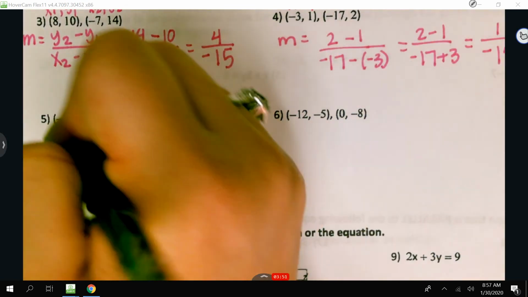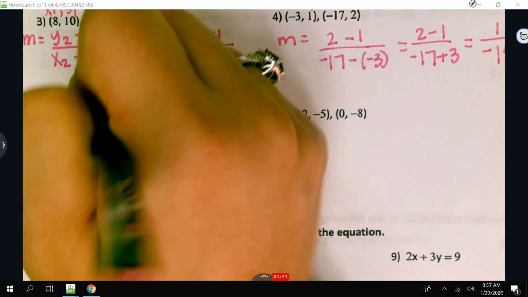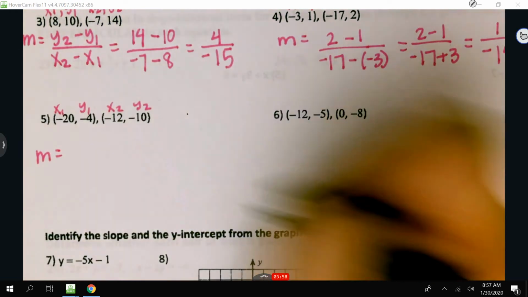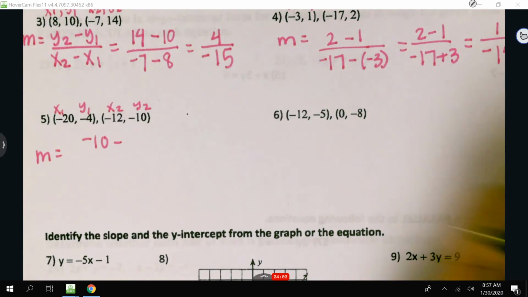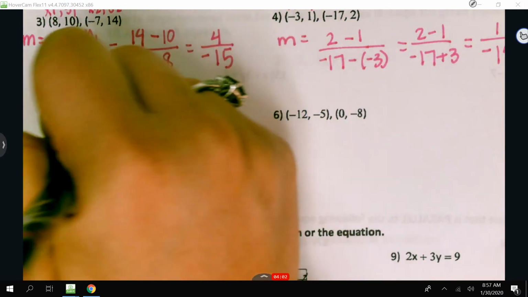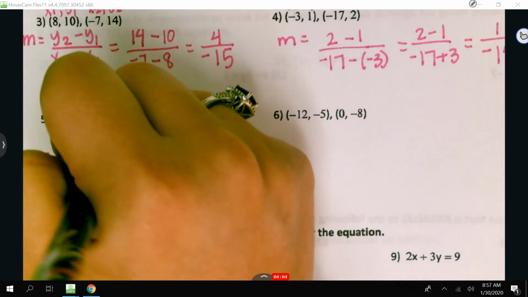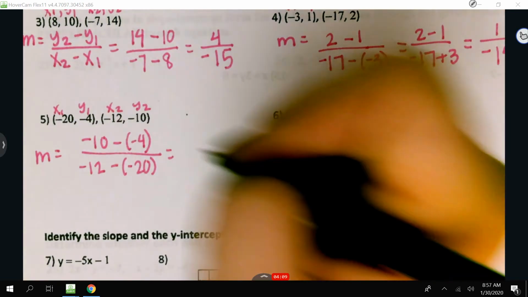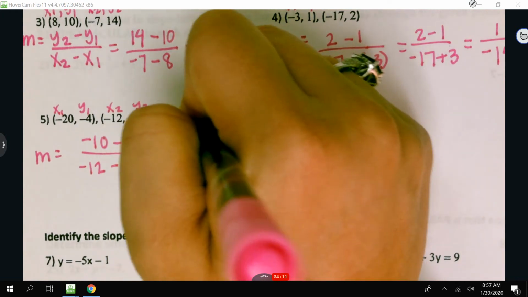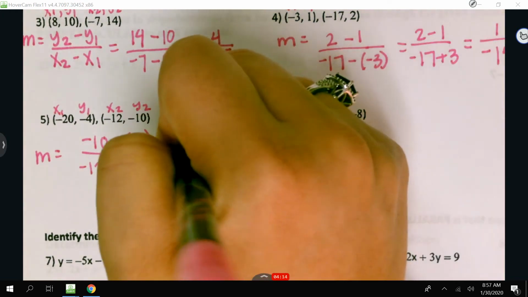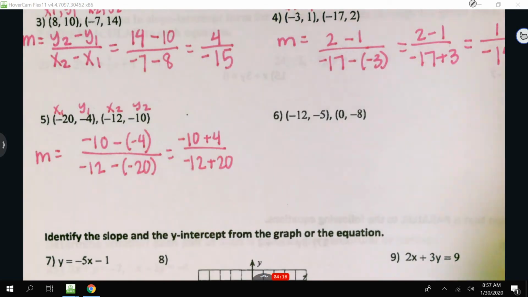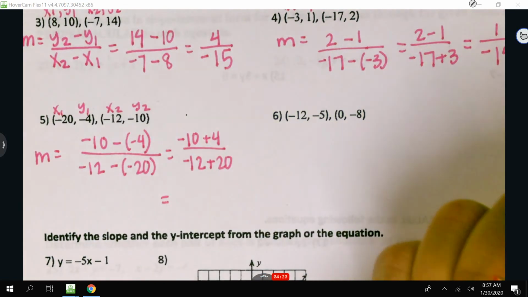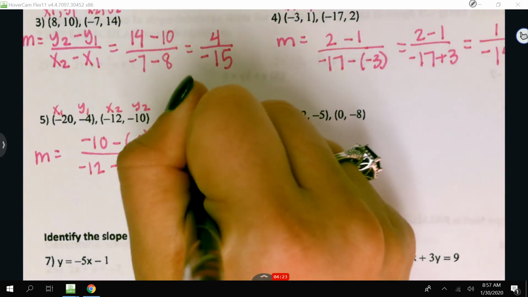Okay, number 5. X1, Y1, X2, Y2. So m equals negative 10 minus negative 4 over negative 12 minus negative 20. So this is going to become negative 10 plus 4 over negative 12 plus 20. So then what's negative 10 plus 4? Negative 6.